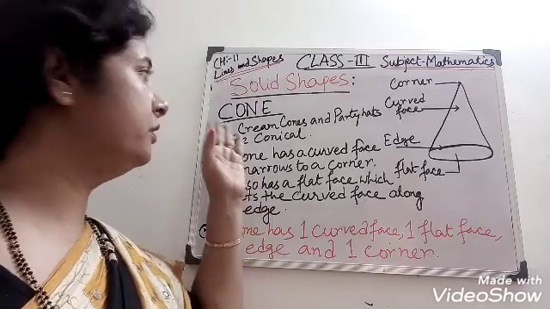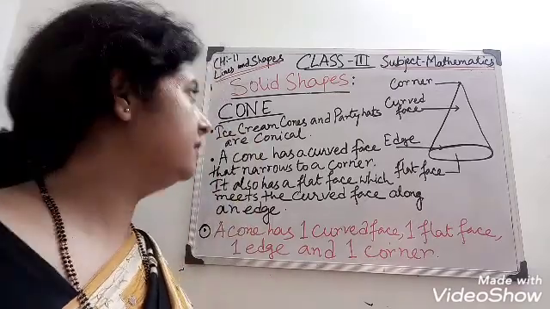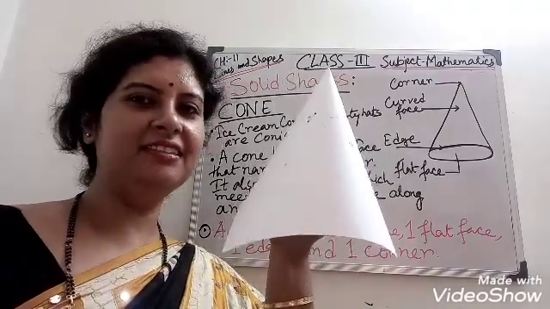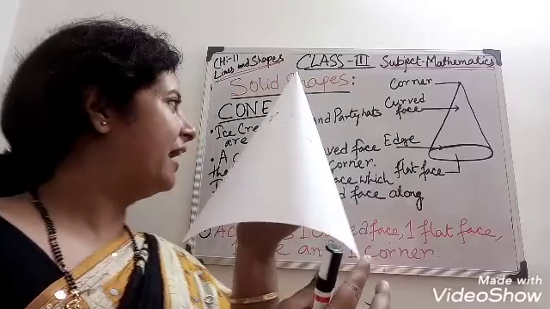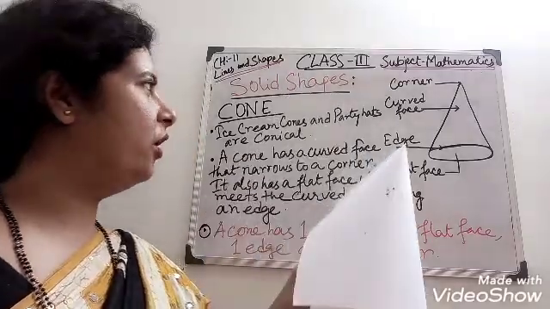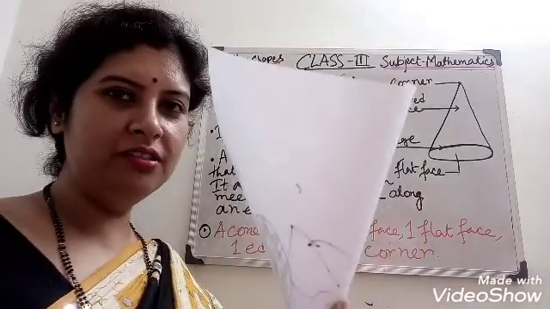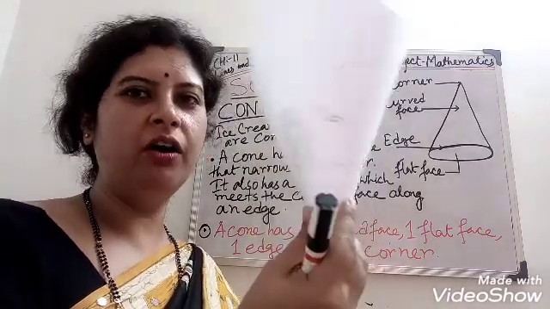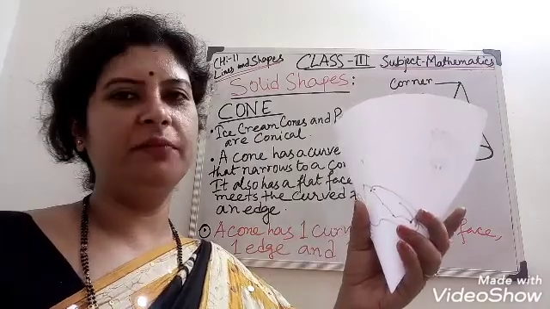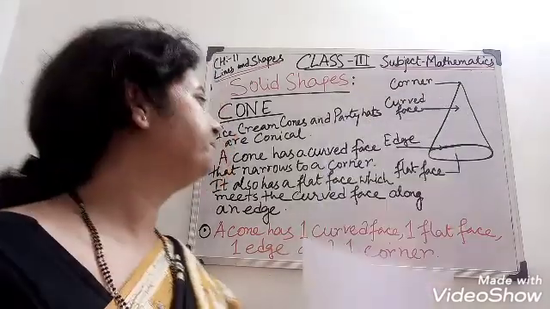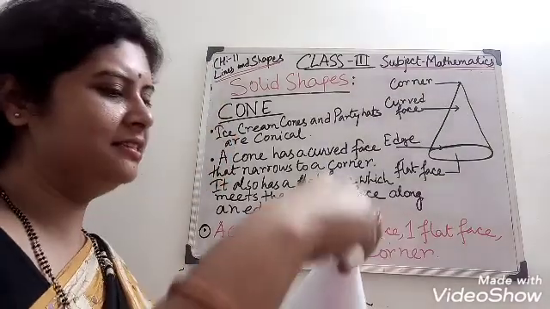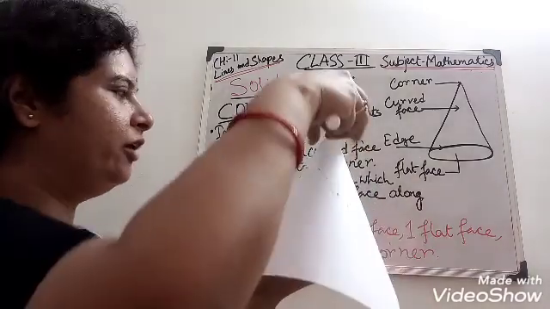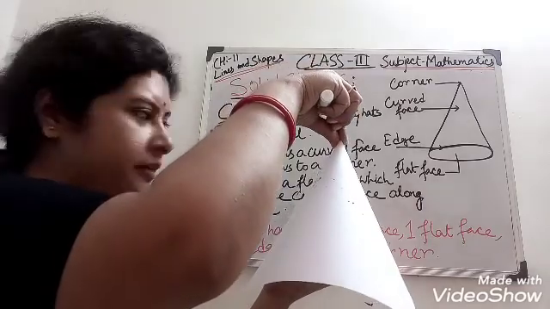Now our fourth solid shape is cone. A party hat or an ice cream cone is conical in shape, or we can say this shape is cone shape. A cone has a curved shape that narrows to a corner.